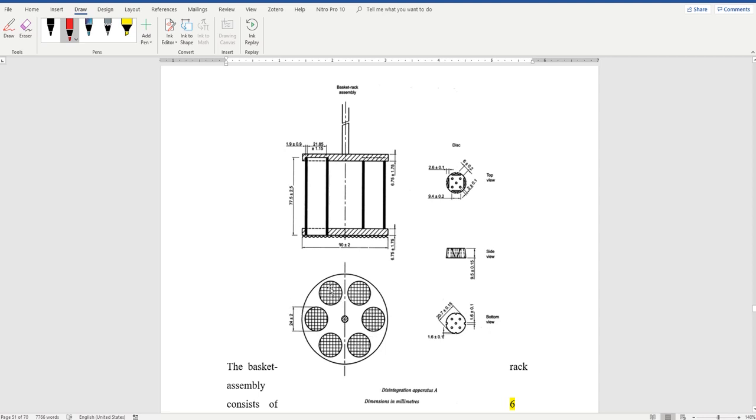Now, in many cases, some fragments of the tablet do not pass through the mesh. Many reasons can be there, but one reason is that they stick to the mesh, and that's why they are not passing. Otherwise, if they don't stick, they will pass.